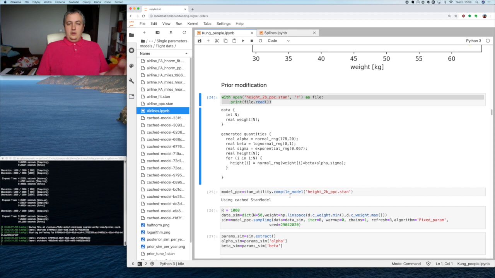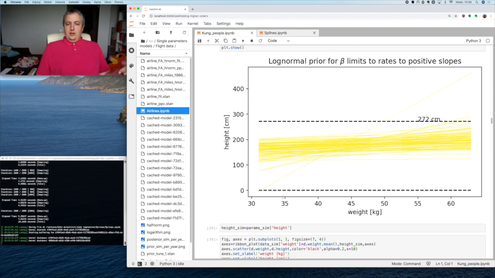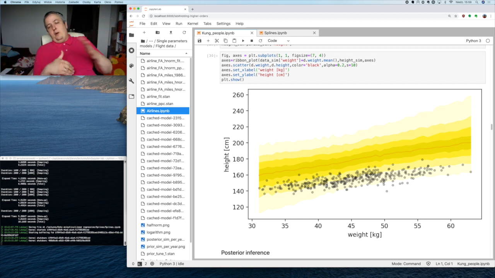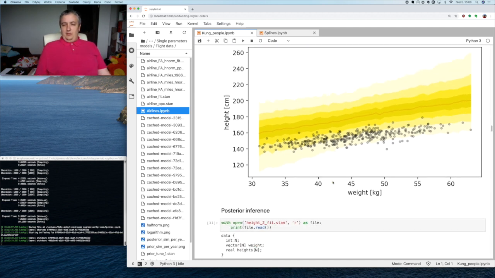But when we simulated the y values, the height values, you can see using the ribbon plot that generally our data is not inconsistent with what we can observe. At least it is possible under this very well spread model. We have a bit higher mean, which moves everything taller, but we are still inside the quantiles of interest. So it's not that bad. So our model is relatively okay.